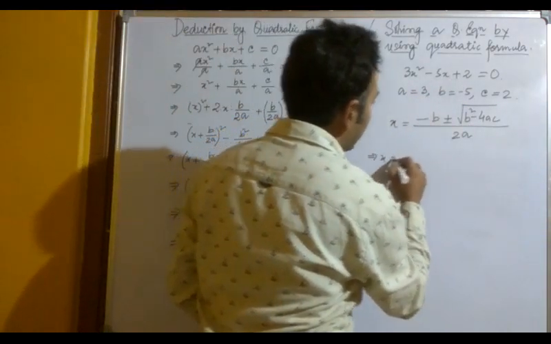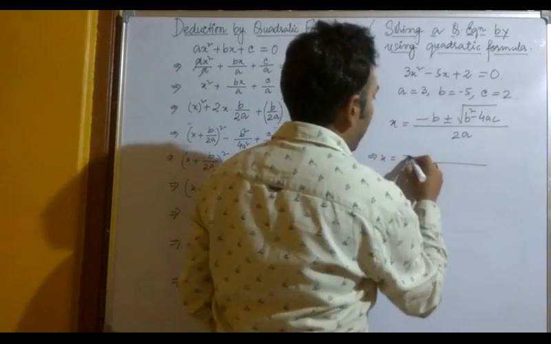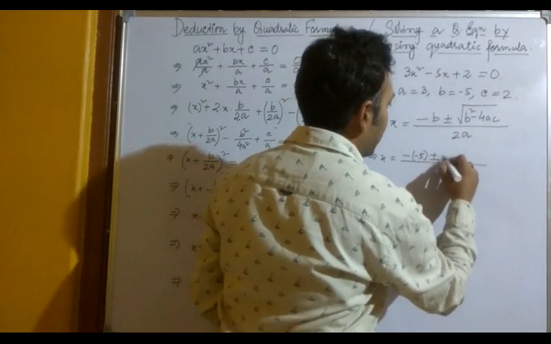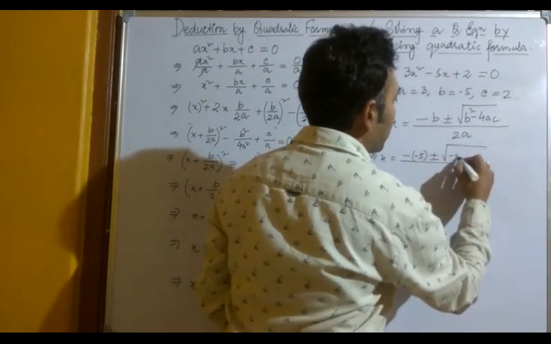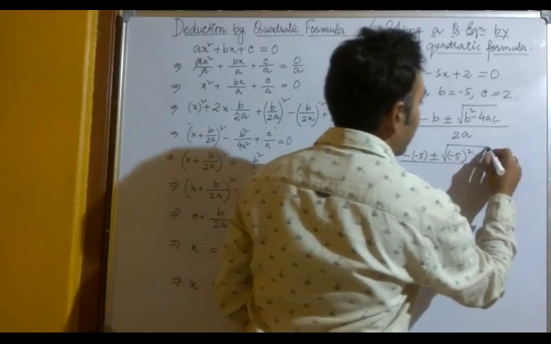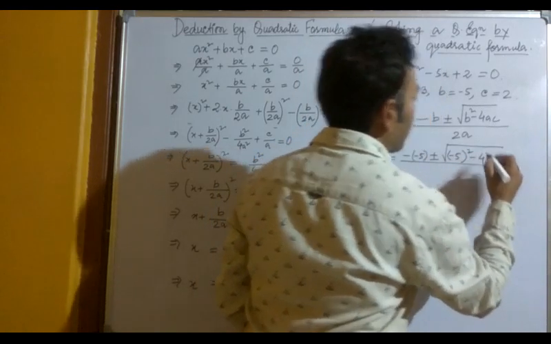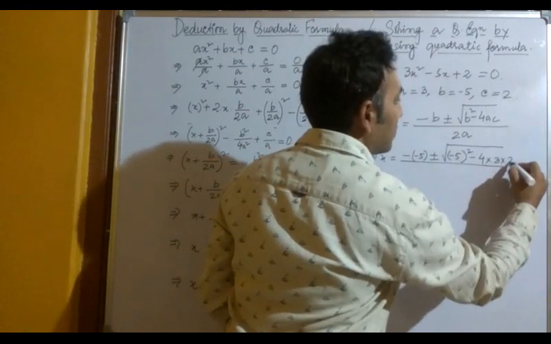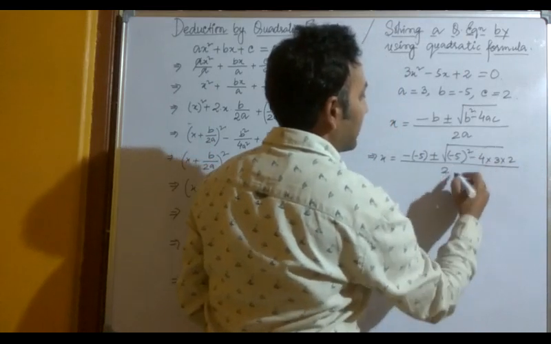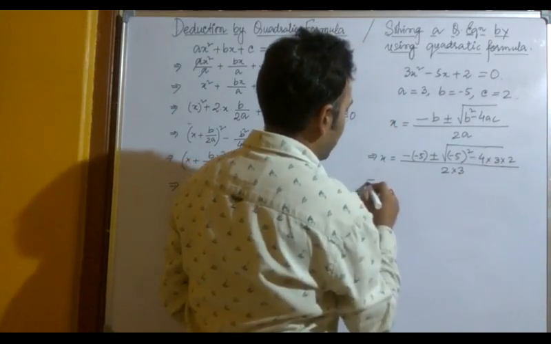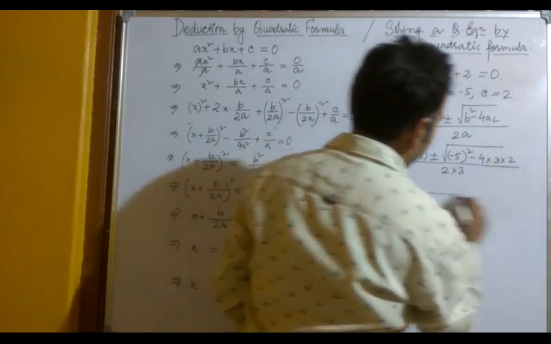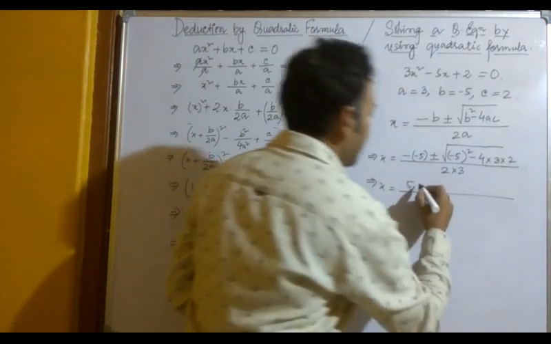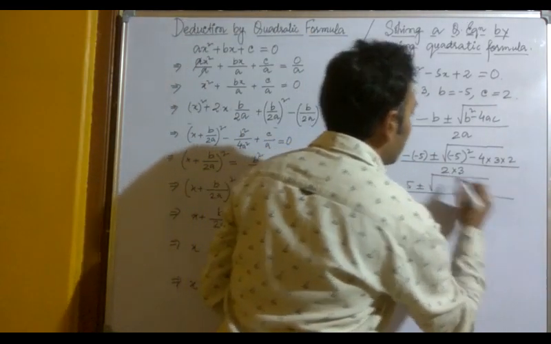So what will we get? x is equal to minus b. So b is minus 5. Again plus minus root over b square. So it is minus 5 square minus 4ac. 4 into a, a is 3 and c is 2, divided by twice a. a is 3. So finally we got x is equal to minus 5 will become plus 5 plus minus root over 5 square.